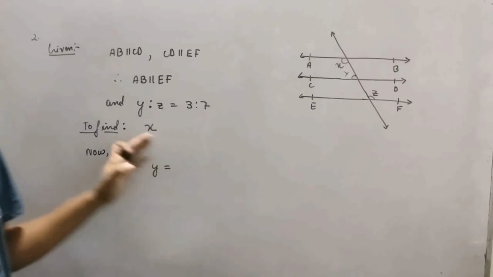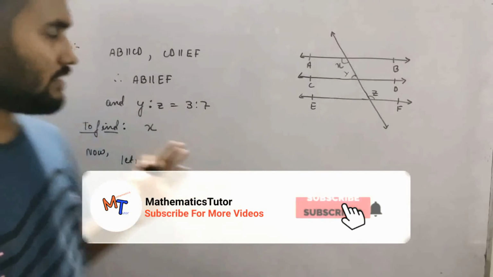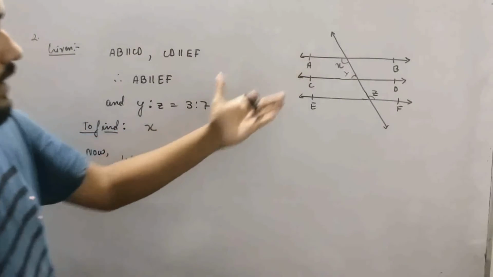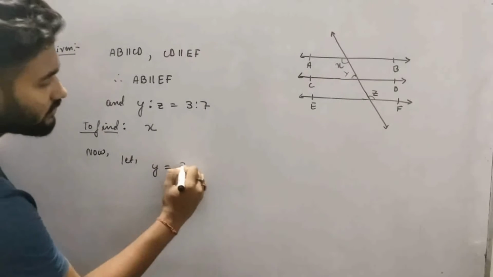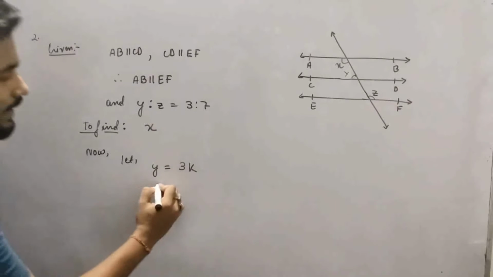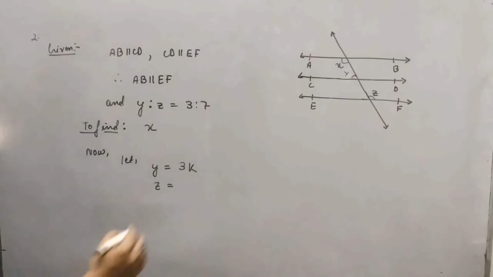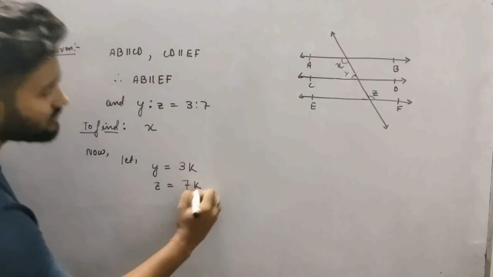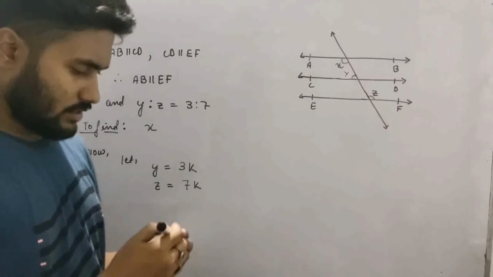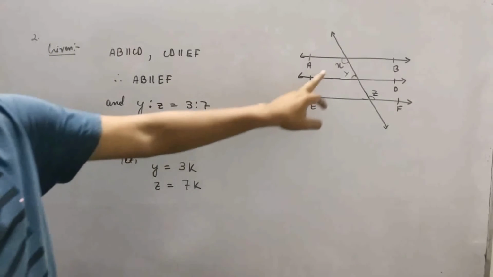Why not 3x? Because x is already there. Any other variable than x, say k or p, you can take k also, say 3k. Let y be equal to 3k and z is equal to what? 3:7, right? So z will be equal to 7k. Done.